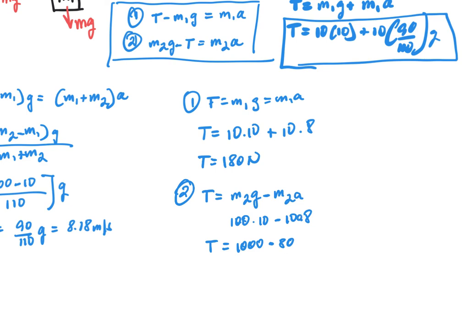No, I missed. So more or less, we end up with roughly the same newtons, because I had a decimal in the acceleration, so it was 8.18. So this roughly comes out to 181. So they equal each other.